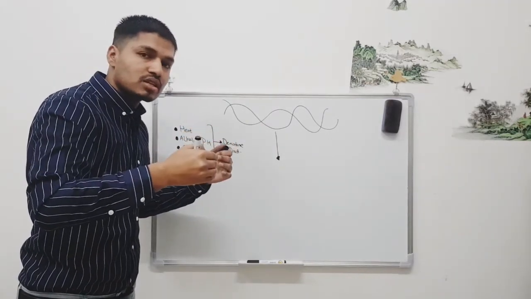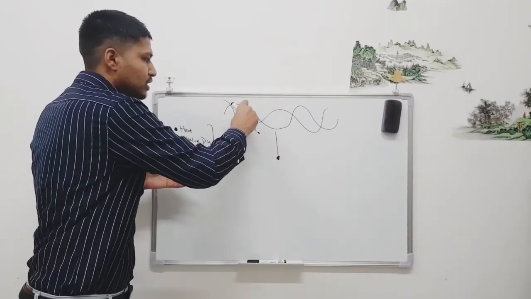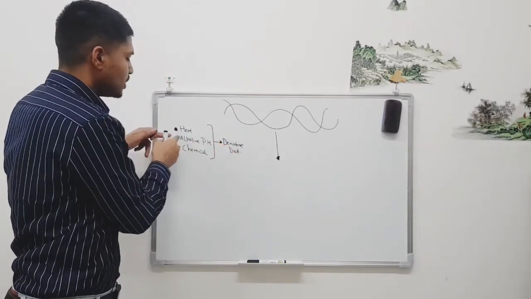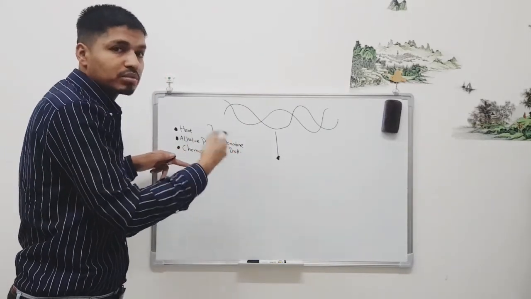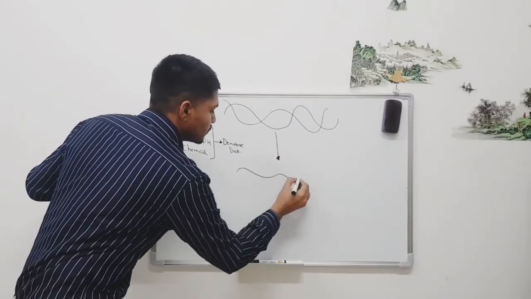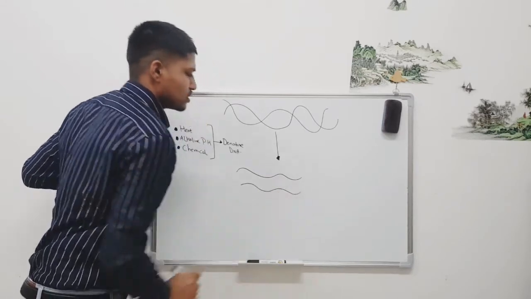Now look at this, the two strands are connected with each other by phosphodiester bonds, and between the base pairs there are hydrogen bonds. Upon heating, alkaline pH or with some chemicals, the DNA molecule is like this. This is the first strand and this is the second strand.